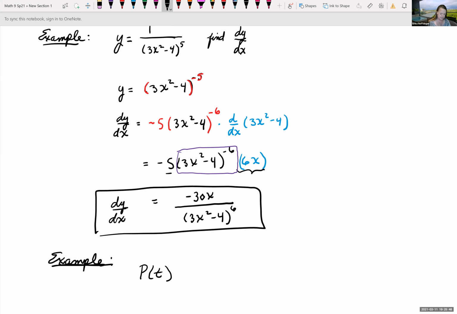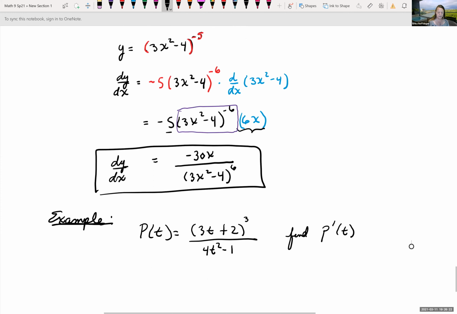P of t is equal to 3t plus 2, this is cubed, all over 4t squared minus 1. You need to figure out how you would approach finding the derivative of p of t. So find p prime of t.